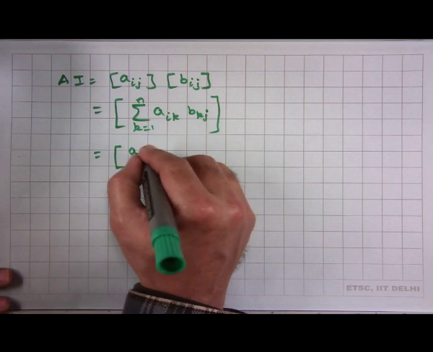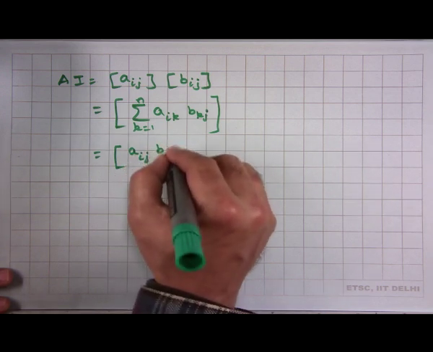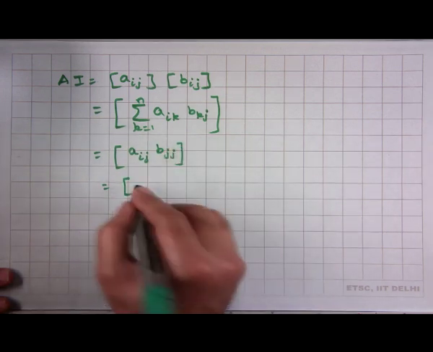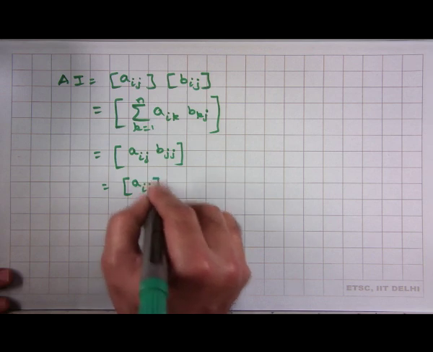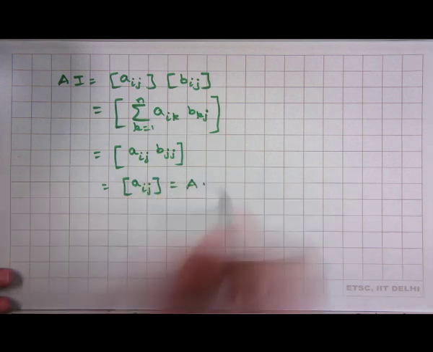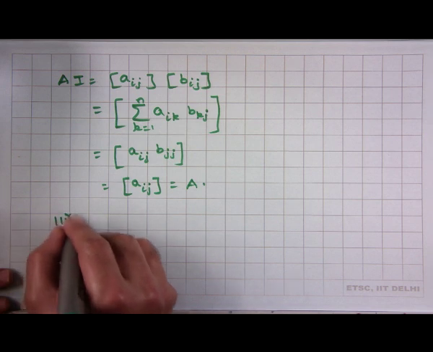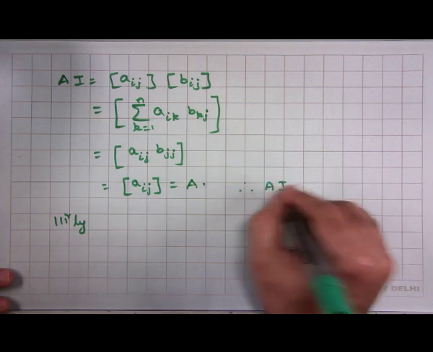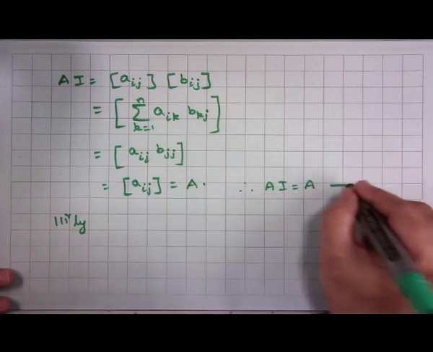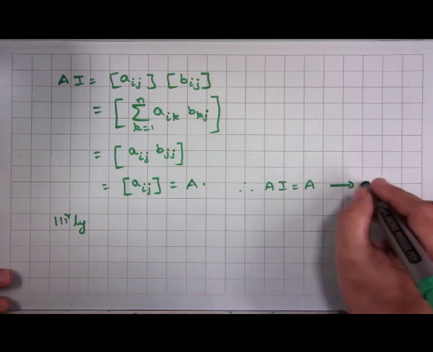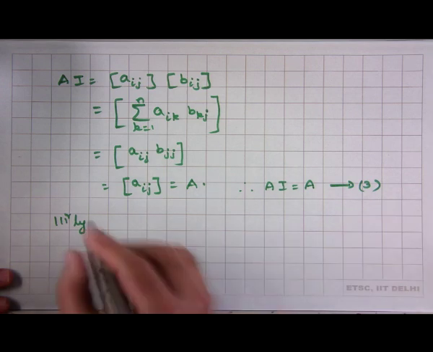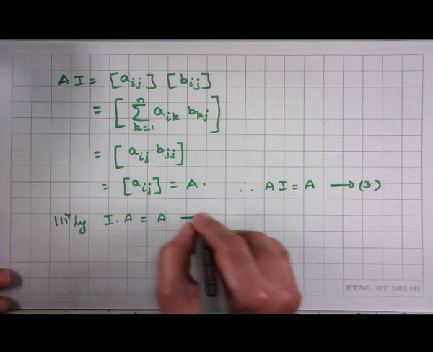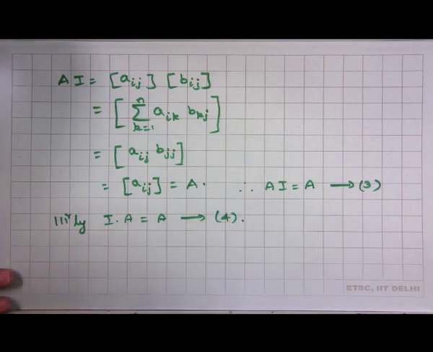And Bjj is 1. So, I will just end up with Aij, which is just the matrix A. Let me mark it as 3. Similarly, I times A is also A, we call it as 4.